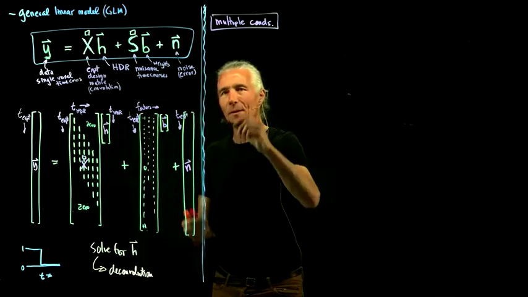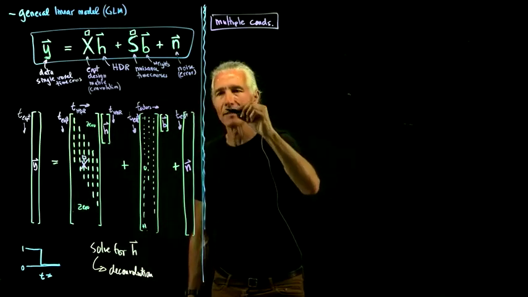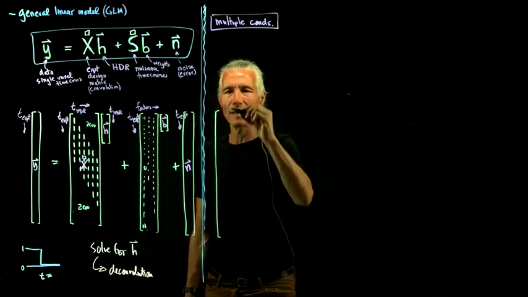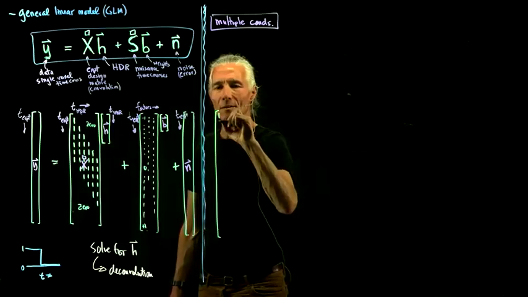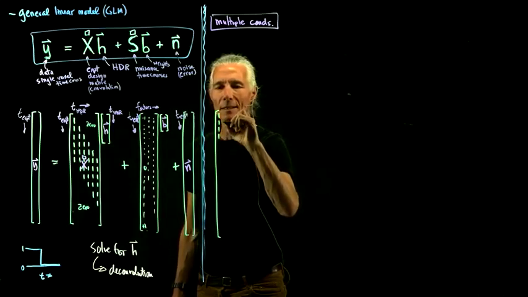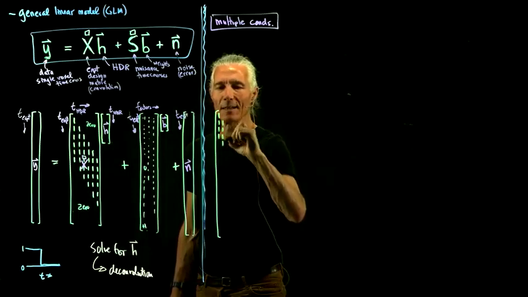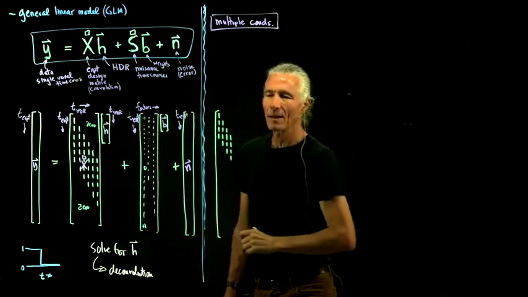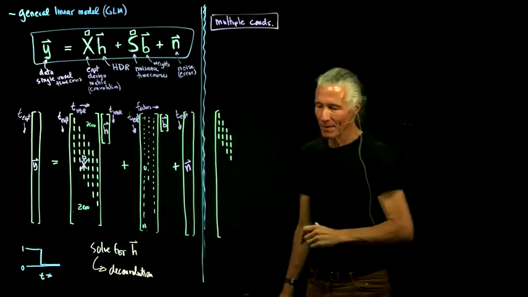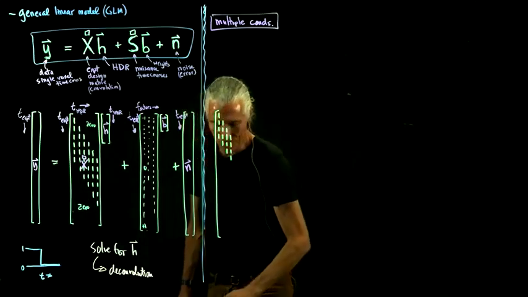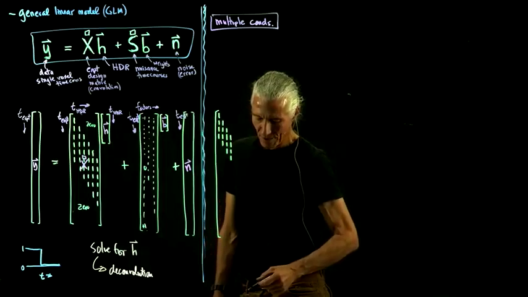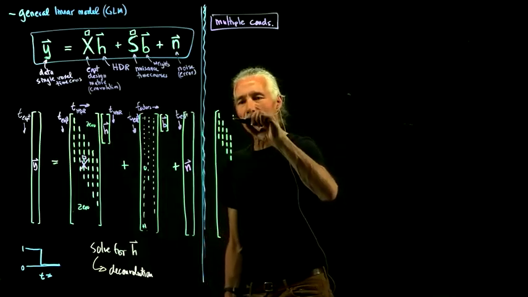So what does the experimental design matrix look like if you do that? It's a little more complicated, but not too bad. Basically, we turn on one stimulus here, and now we're generating that discrete convolution of that stimulus. Now we could wait until the first stimulus is off, or we could just turn on the second stimulus while the first one's still on.